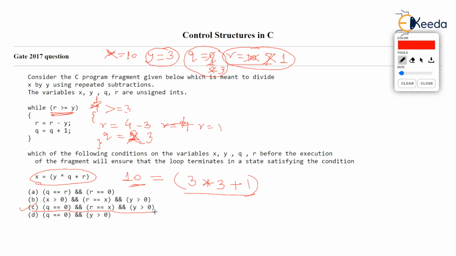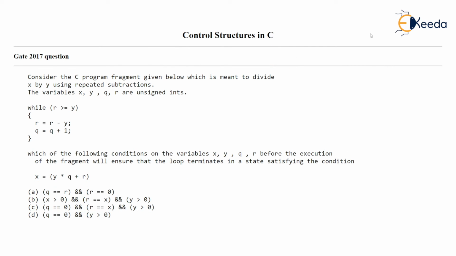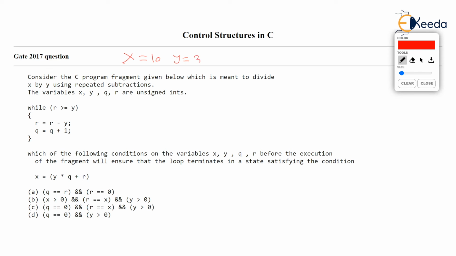Let's not leave the question. We are saying C is the correct option, but who knows what D is? Let's take x equal to 10, y equal to 3, the same values. Let's see option D. It says q should be 0, okay, and y should be greater than 0. So y is anyway greater than 0, y is 3. This condition is also true.